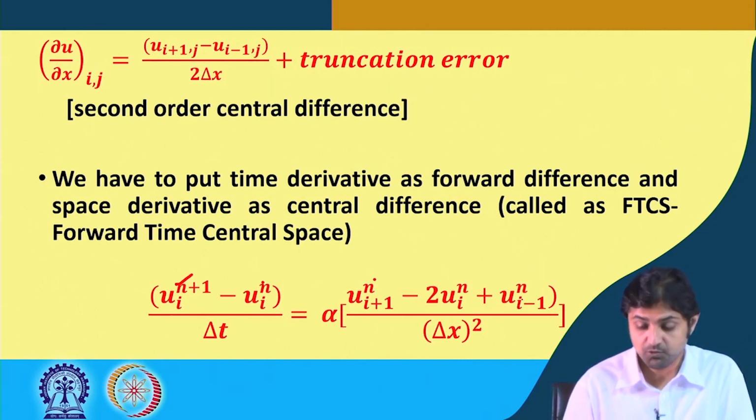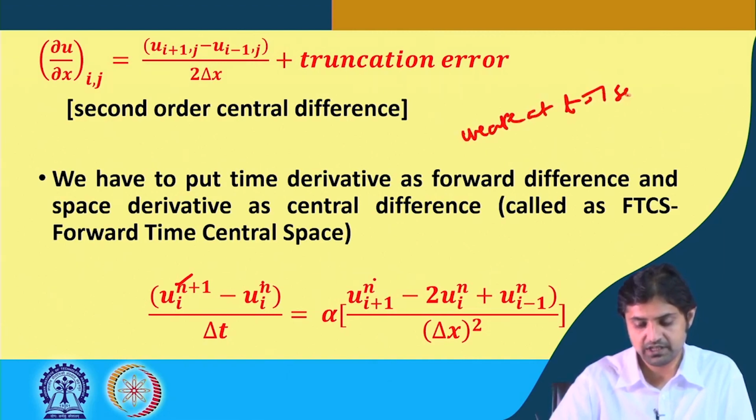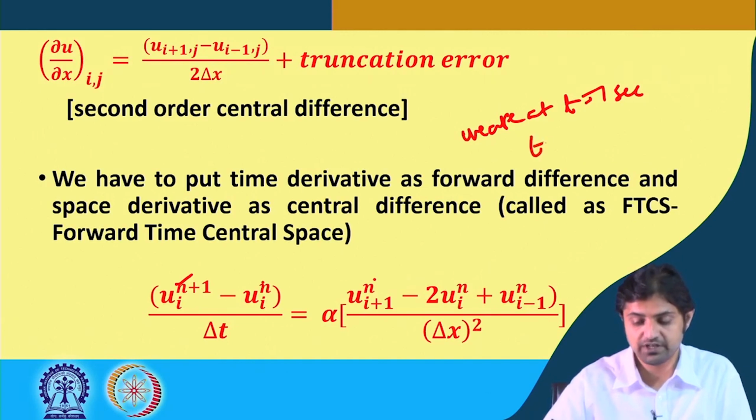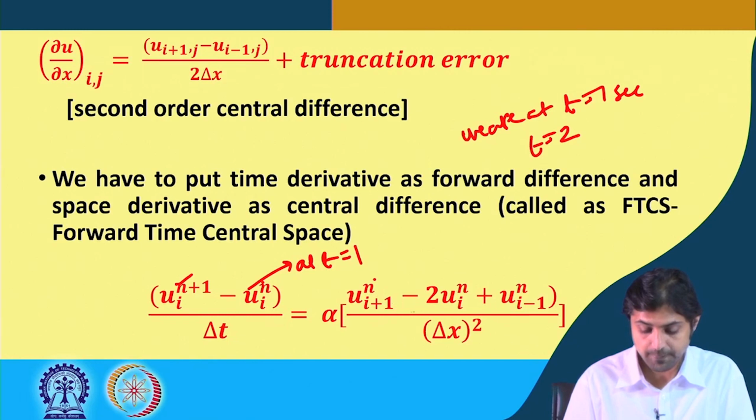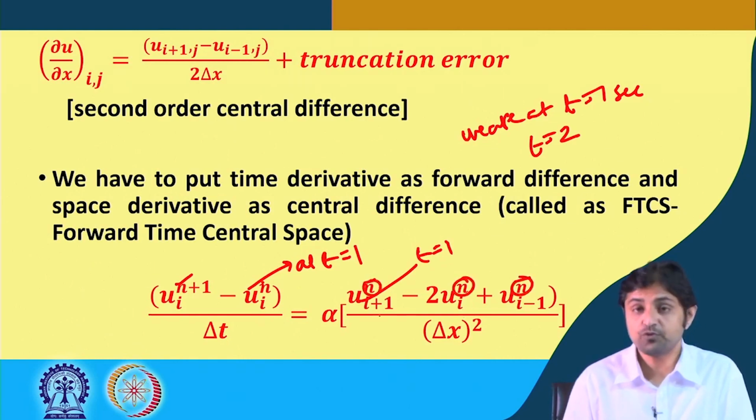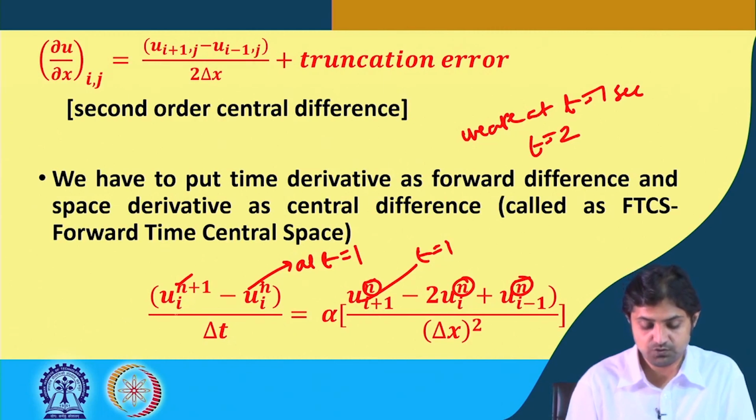Suppose we are at time t equal to 1 second. We have the solutions. We want to calculate for t equal to 2. So velocity at t equal to 1 second, this is also at t equal to 1. So you see n. All these things we know from the previous time step. What we need to know is u i at n plus 1.